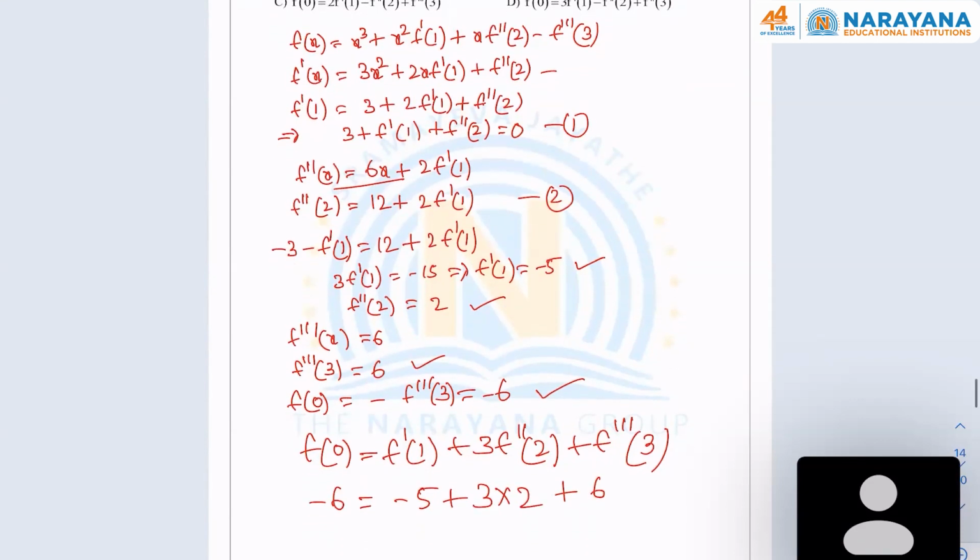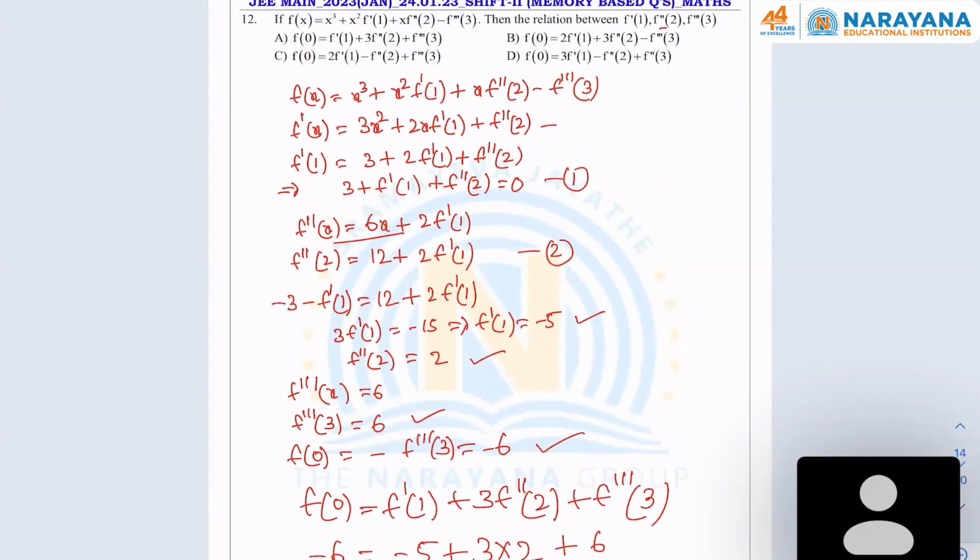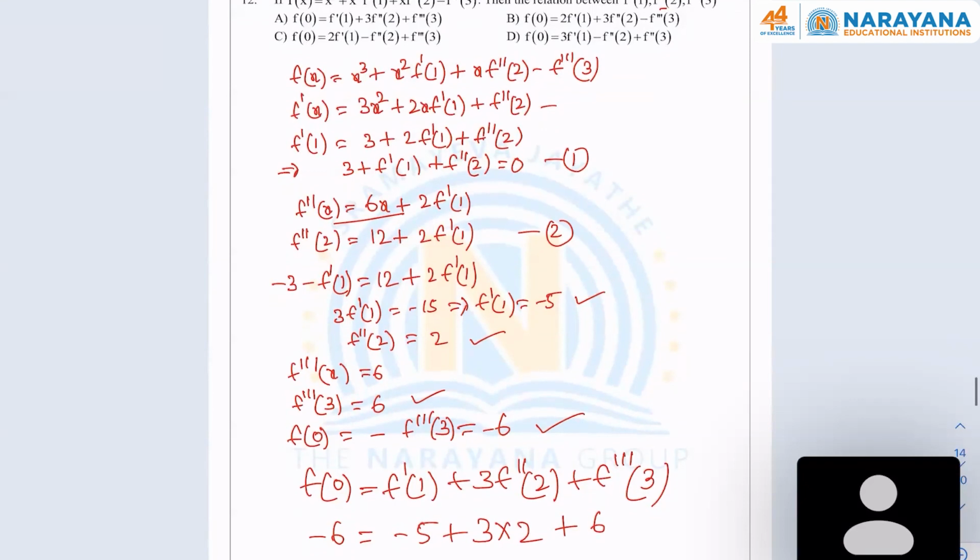So what is the answer we are getting? Minus 6 is equal to f of 0 is equal to minus 6, f double dash 2 is equal to 2. So option A is not satisfying.